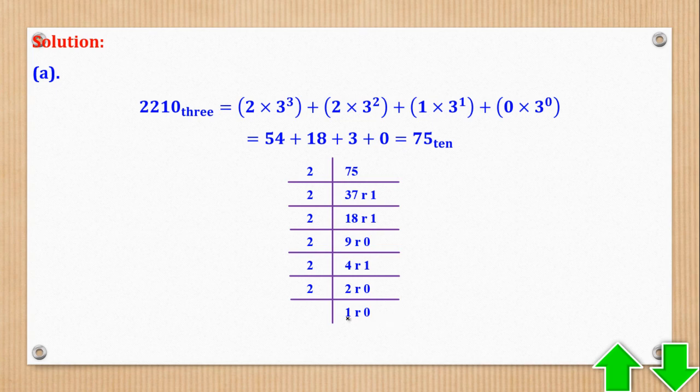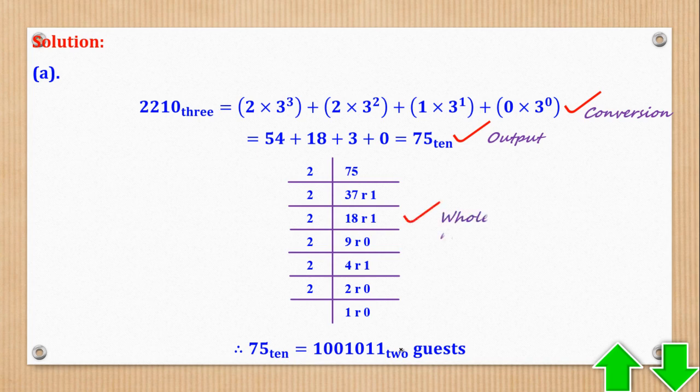So to write the binary base, we'll begin from here and go up to here in that order. Therefore, 75 base 10 is the same as 1001011 base 2 guests. So that's what they wanted in task A.